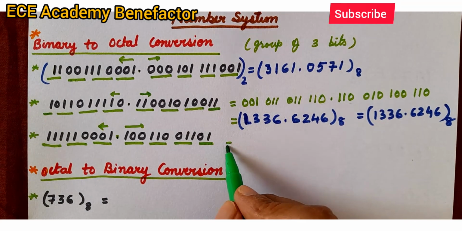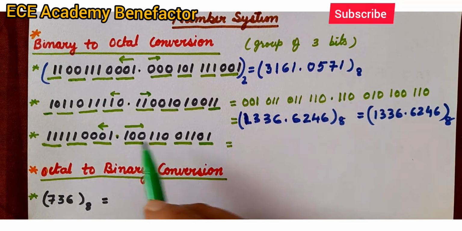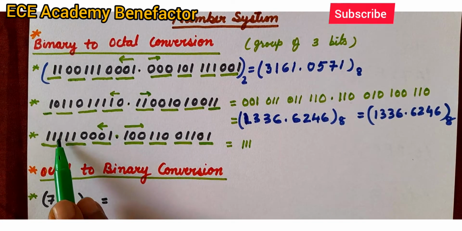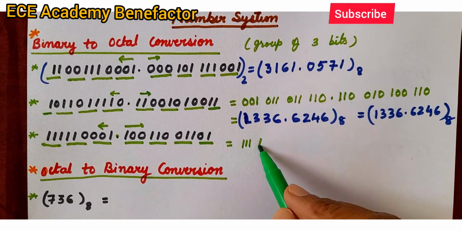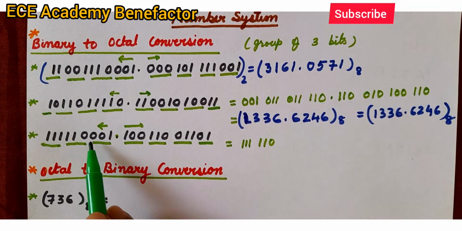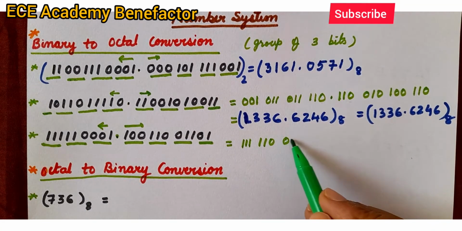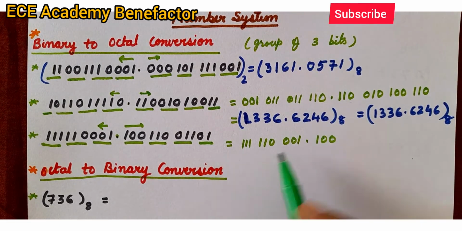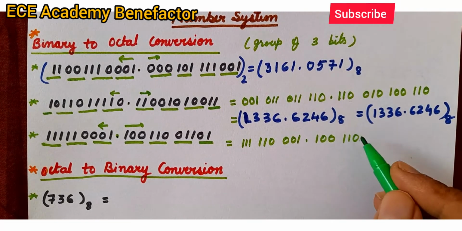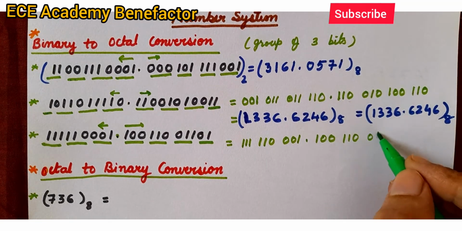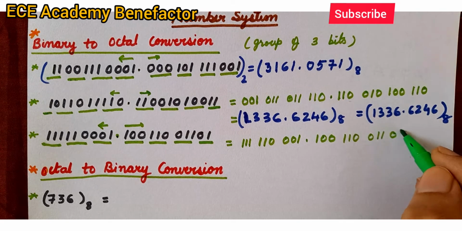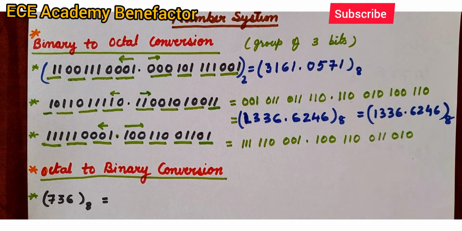So writing the bits here, this is 111, 110, 001, dot, 100, 110, 011, and we are left with 01. So we can add 0 here.